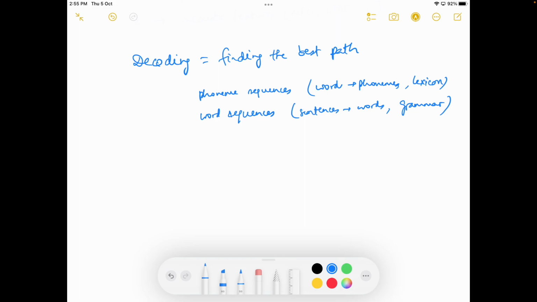For example, I will never say I is Vipul. I will always say I am Vipul. I will never say I are going. No, I am going. So many word combinations are not possible at all. We incorporate that information, and that enhances the efficiency as well as the accuracy of HMMs.